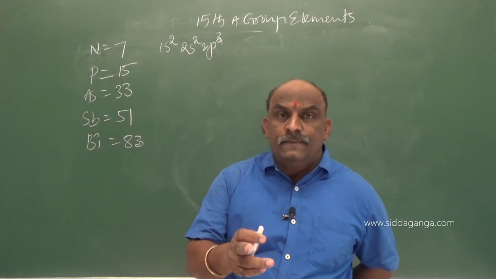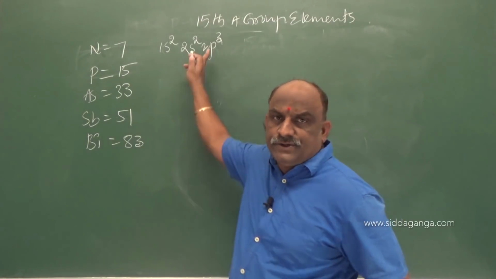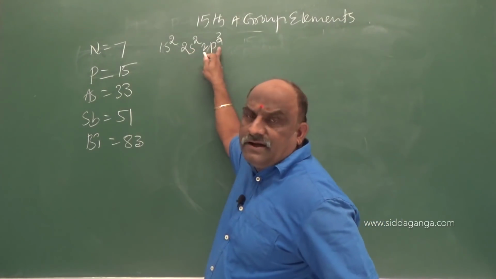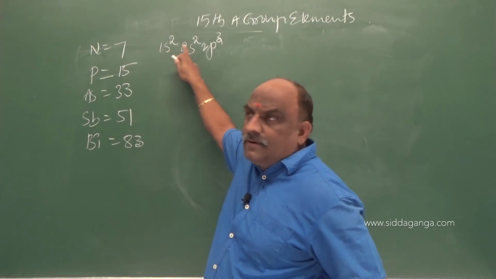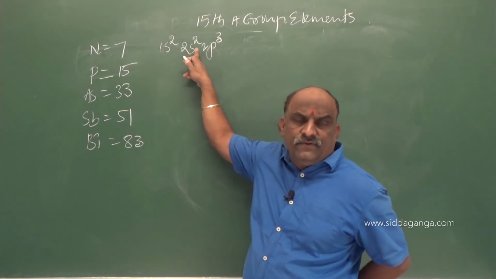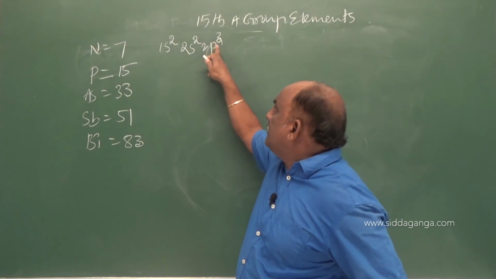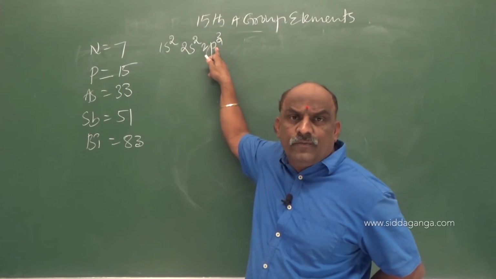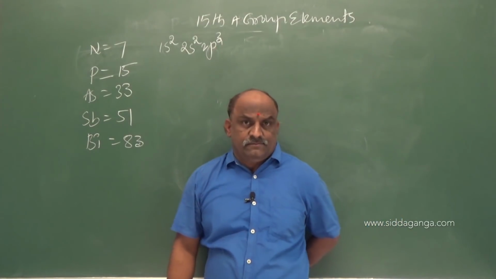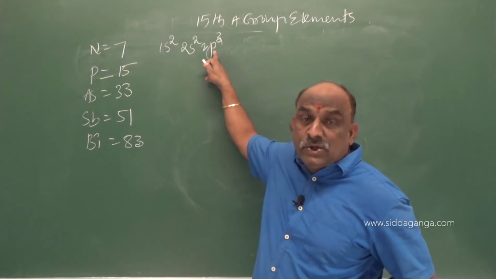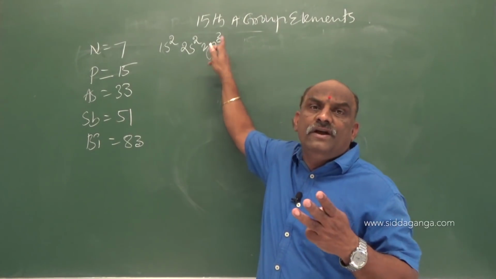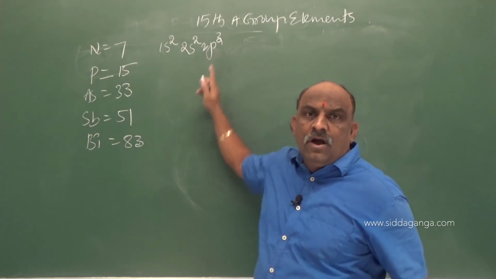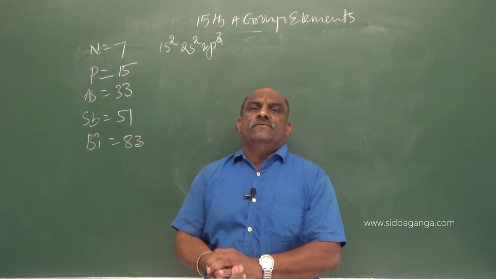See this ground state electronic configuration: the 1s orbital is completely filled, the 2s orbital is also completely filled, while in the p orbital the maximum number of electrons is 6, but in this example it has only 3 electrons, a half-filled electronic configuration of nitrogen.